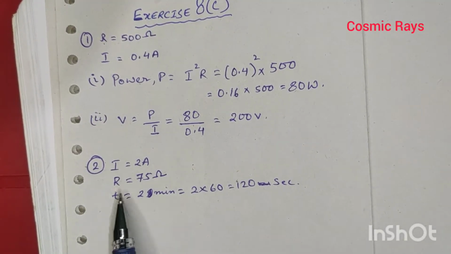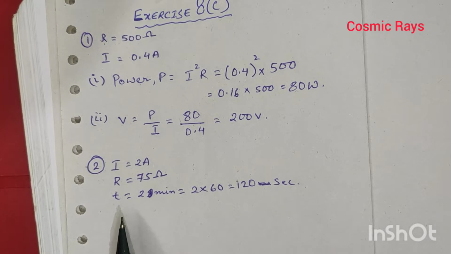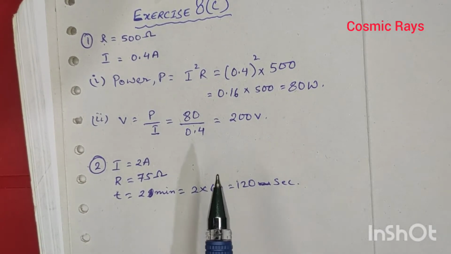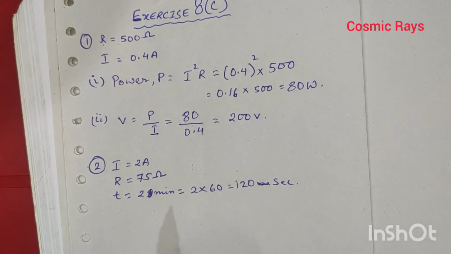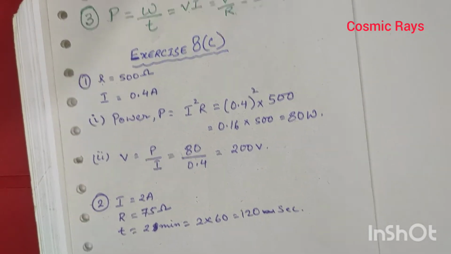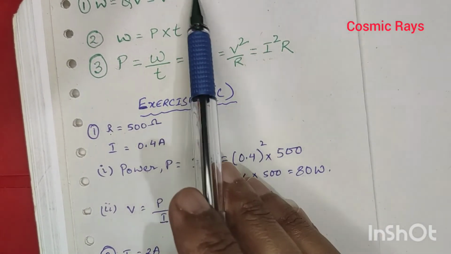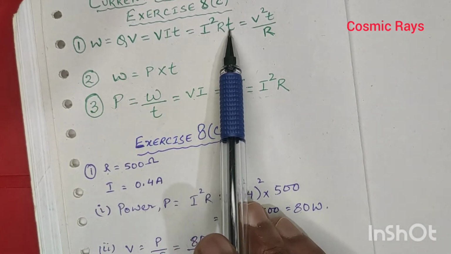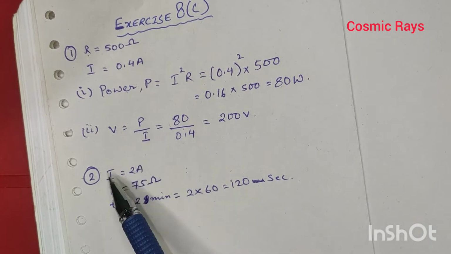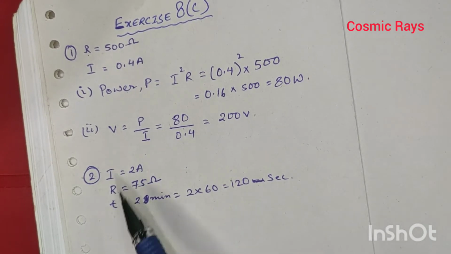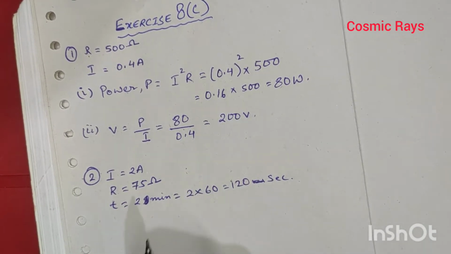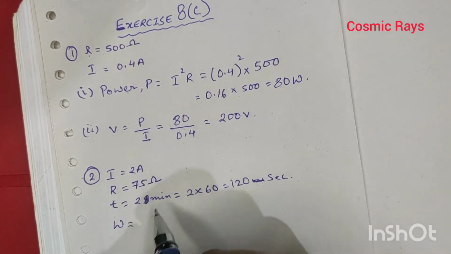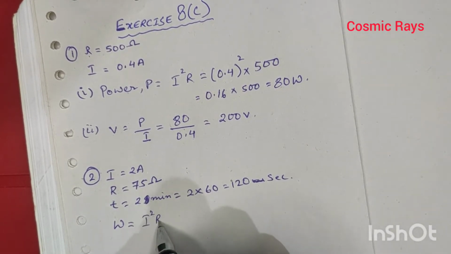Current is 2 amperes, resistance is 75 ohms, and time is given as 2 minutes. So we convert it into seconds. We have to find out the heat produced. So we know that work done is given as I square RT. We have been given the current, the resistance and the time. So we use this formula and we have the work done or the heat produced is equal to I square RT.